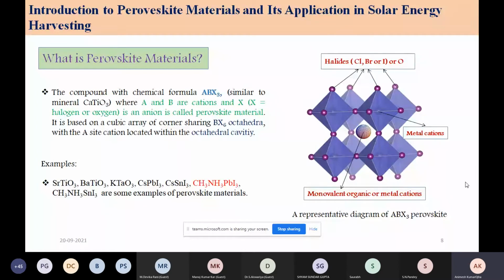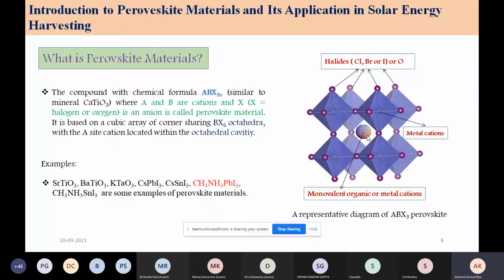Okay, here this A is located within the octahedral cavity, as I have shown in this diagram, that this is the octahedral cavity, and in this cavity this A side cation is located.